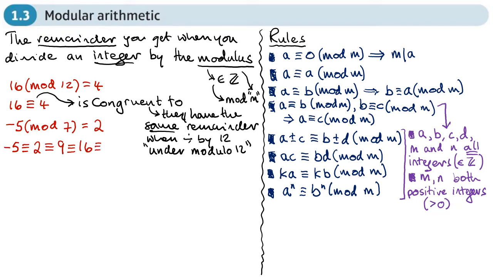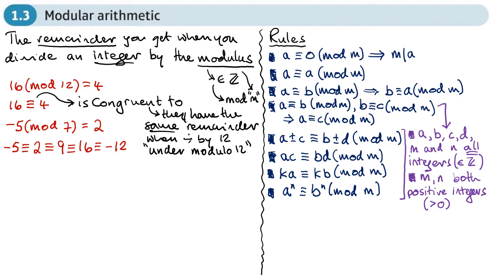I could take away 7 from the minus 5. So that gives me minus 12. So all of these numbers are congruent to one another. They have the same remainder under this modulo 7. And that remainder is 2.